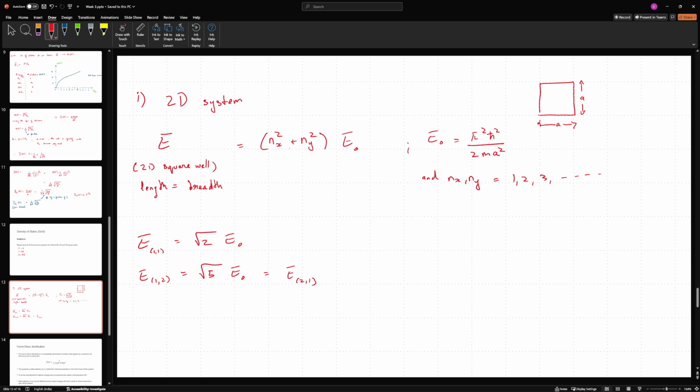If more than one energy state has the same energy level, that is what we refer to as a degeneracy. To be more precise, this is a twofold degeneracy. Essentially, there are two states with the same energy value.